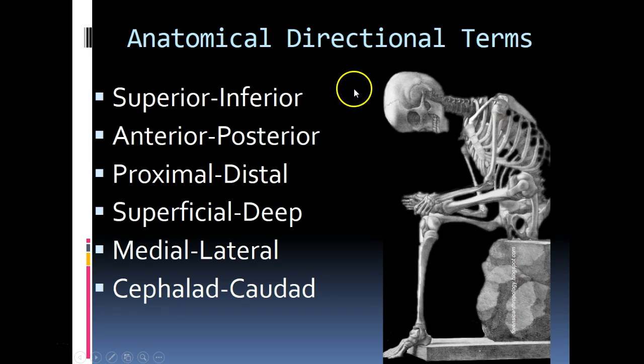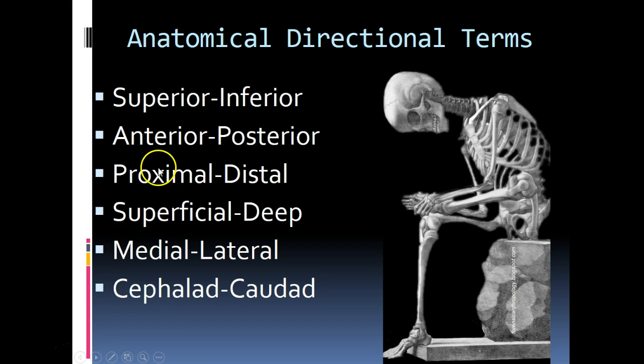And again, for some of you, this may absolutely be a review, but I'll be quite honest in admitting that sometimes I forget what these terms mean, or I sometimes misuse them. So we'll start with the terms superior and inferior. When we think about superior, what we're saying basically is we're using this term to refer to something that is above something.